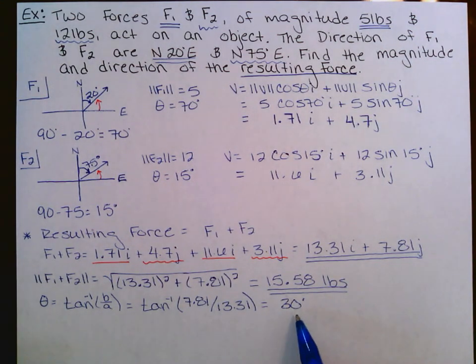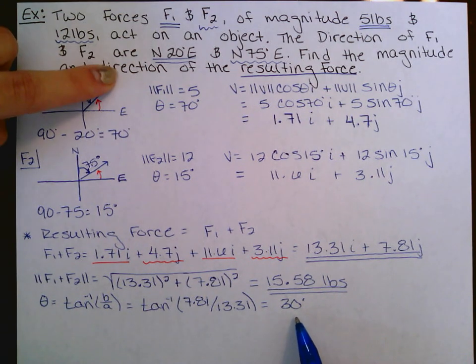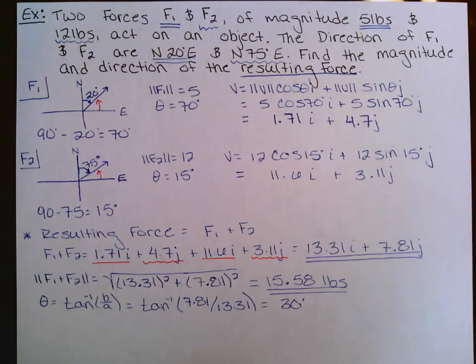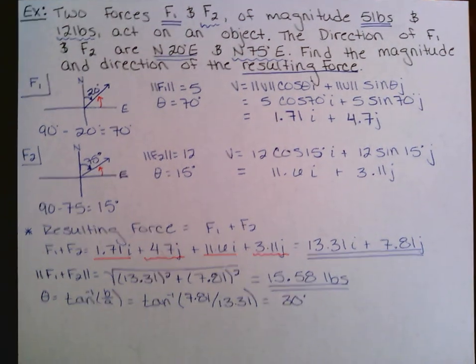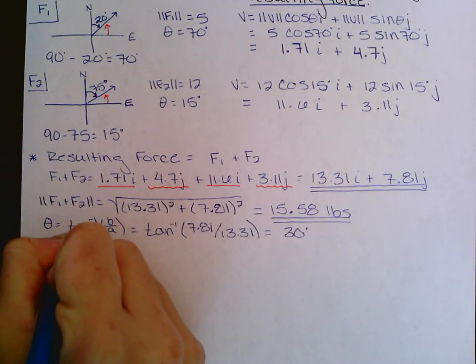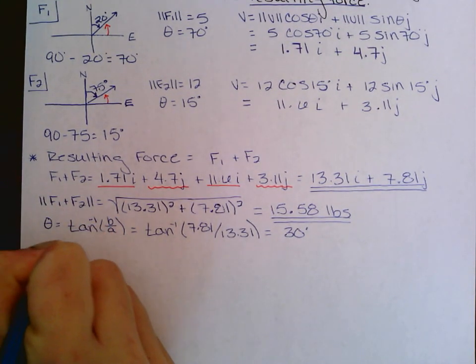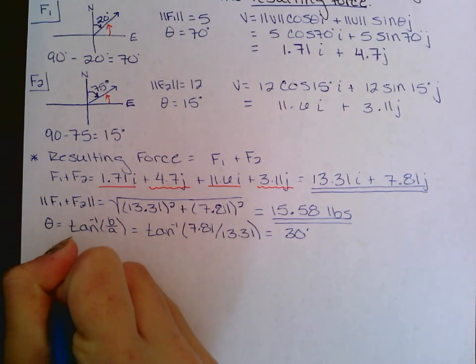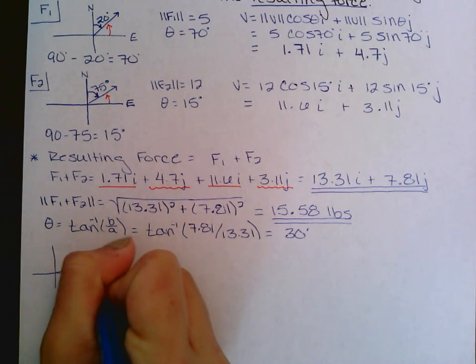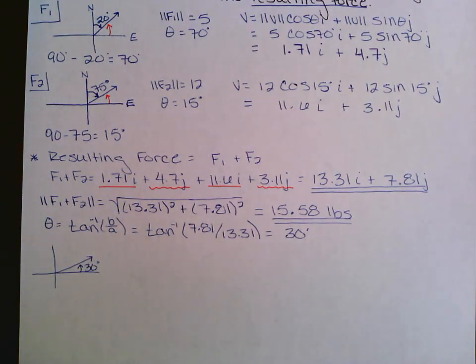This is not my final answer, though. They are asking for a direction. Direction implies bearings. They want north, south, okay? So what I'm going to do is draw this. I'm going to scroll up a little bit. And if I wanted 30 degrees, bearings travel starting from north or south.